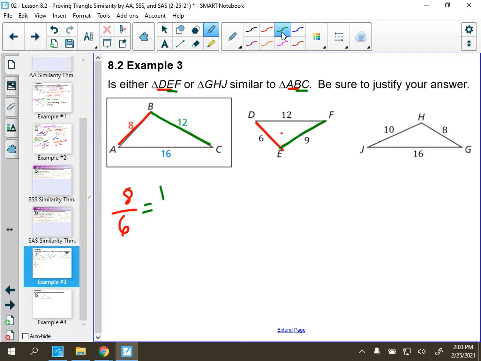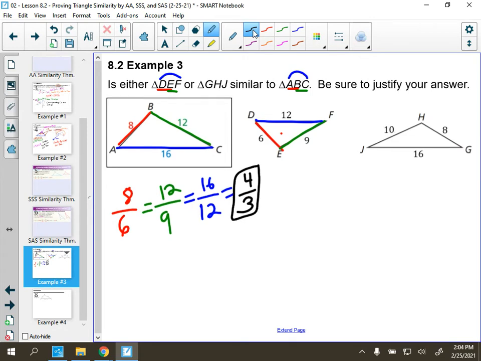So taking the 12 and putting it over the 9, which needs to be exactly the same as us taking CA, the first and last, and putting that over FD, which is 12. Do those all simplify to the same? So I see it, if I just want to keep fractions, all three of these fractions reduce to 4/3. So that would be my scale factor.